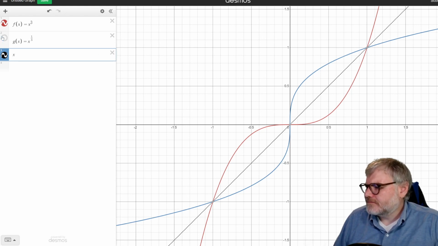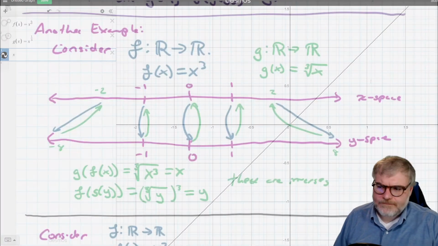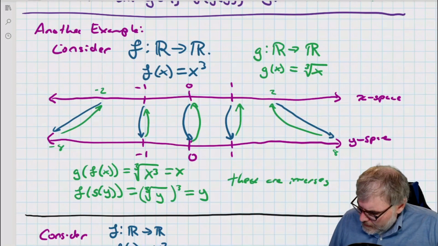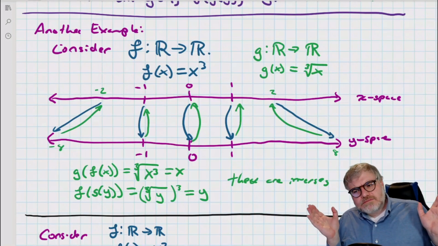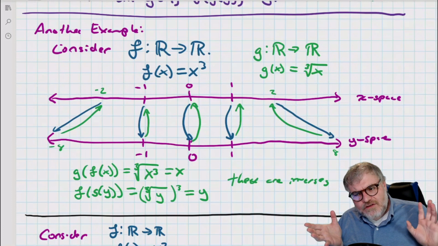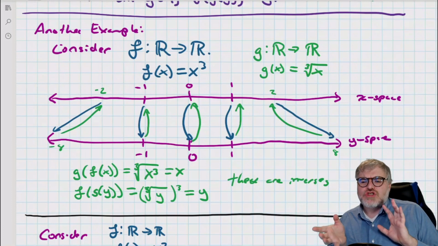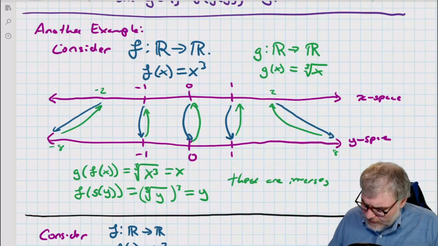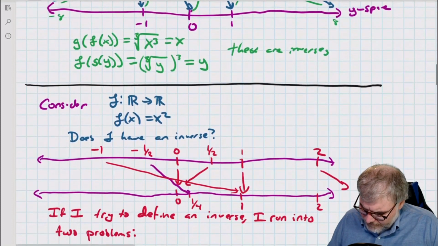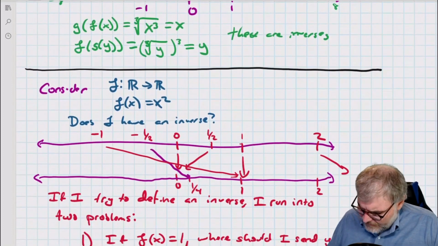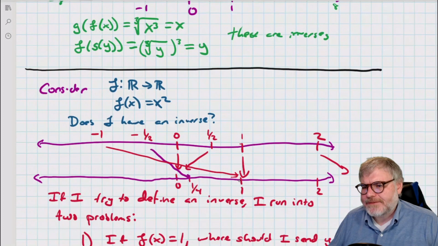Okay. So that works well for x cubed. Well, let's consider x squared. x squared is going to be a different little monster. All right? Here, if I have -1, I'm going to map to 1.